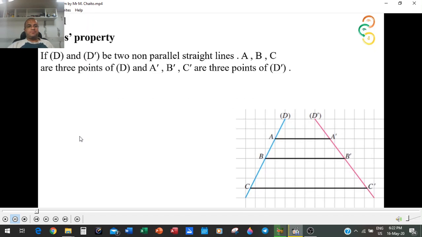Let's recall back. From the previous video, on pages 84 and 85 on your Ahliya books, we started the Thales property.